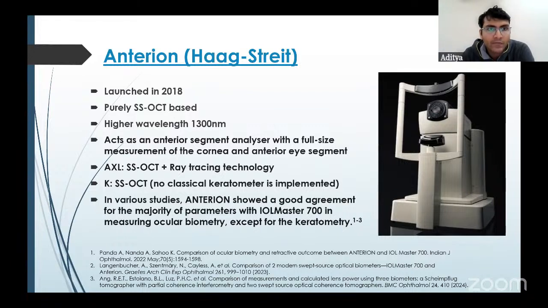So why I am calling it purely SSOCT based, because it utilizes this technology for both axial length and keratometry. There is no classical keratometry implemented. So, in various studies, Anterion showed a good agreement for the majority of parameters with IOL Master 700 in measuring ocular biometry, except for some variation in the keratometry.